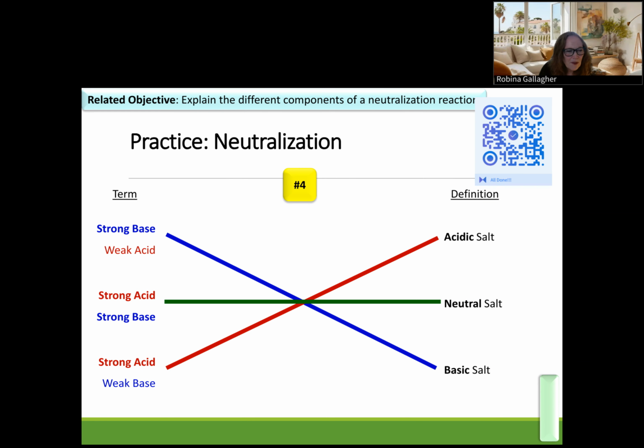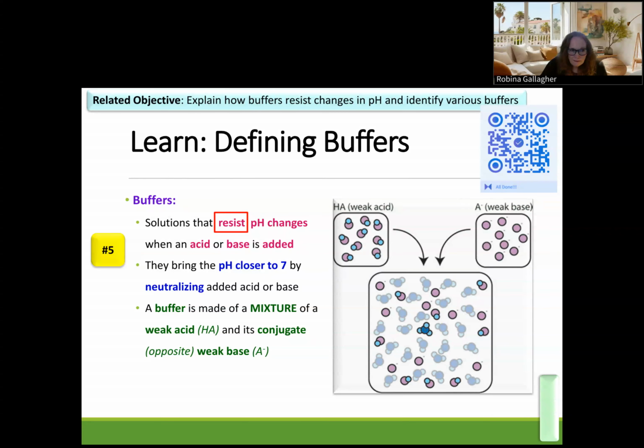Perfect. Okay, so now a buffer. A buffer is a solution that resists pH change. If I use a buffer and I add lemon juice, it's going to fight back against that lemon juice, and it's going to help maintain a little bit of a constant pH, okay?